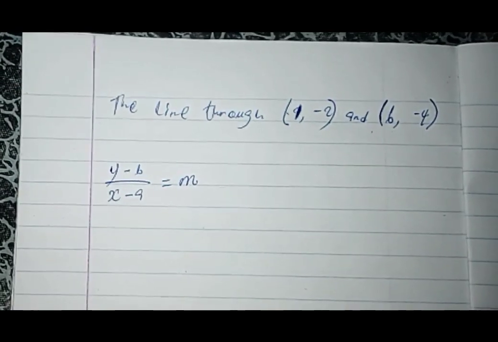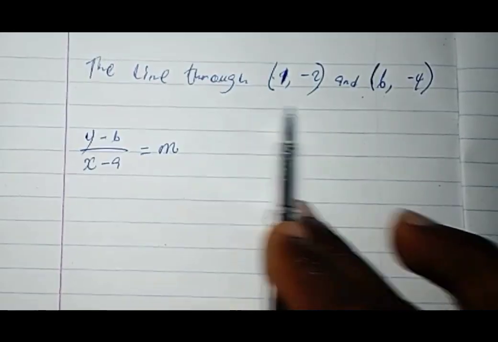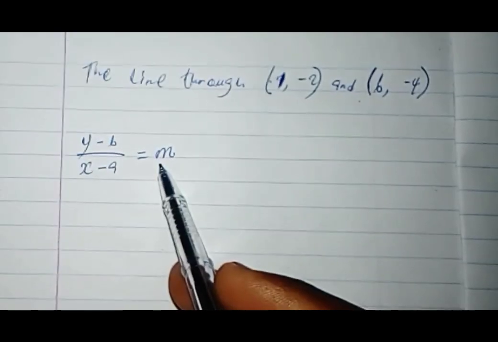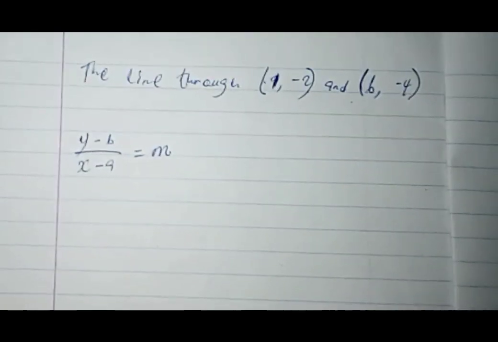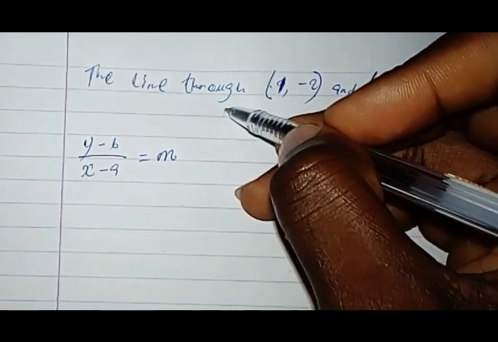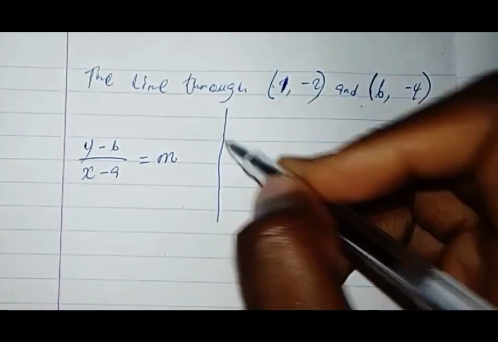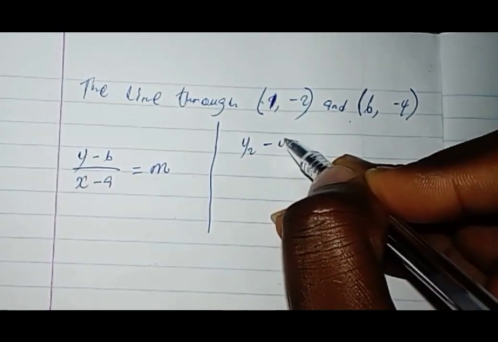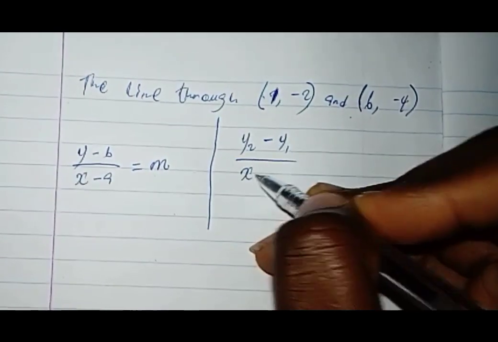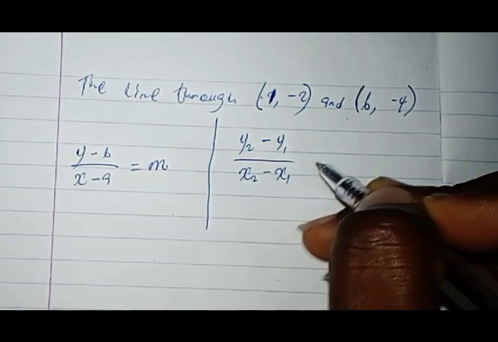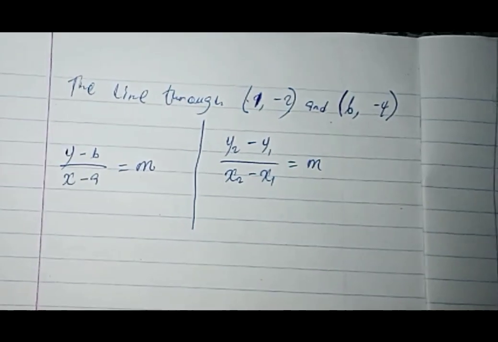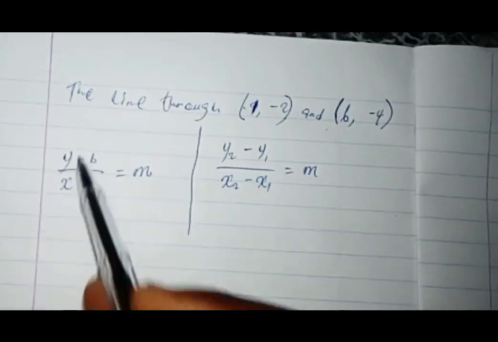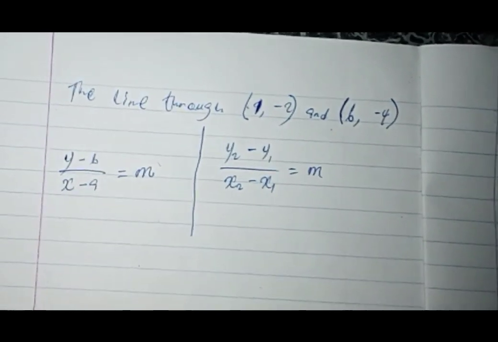Using that in this scenario, we don't have our m, which is the gradient. So to actually find our m, we also have an equation that says y2 minus y1 over x2 minus x1 is equal to m. So we can find our m from this equation, then later on, find our line with this equation.